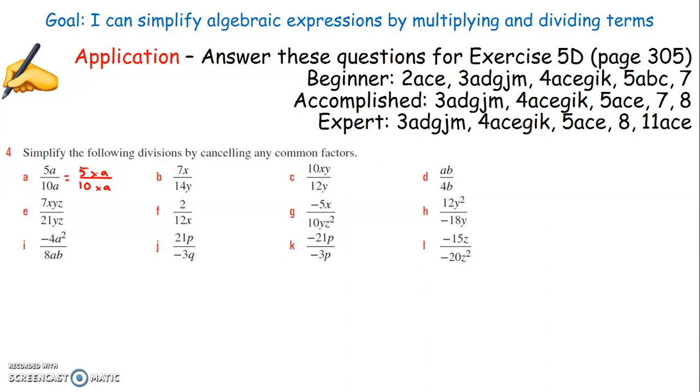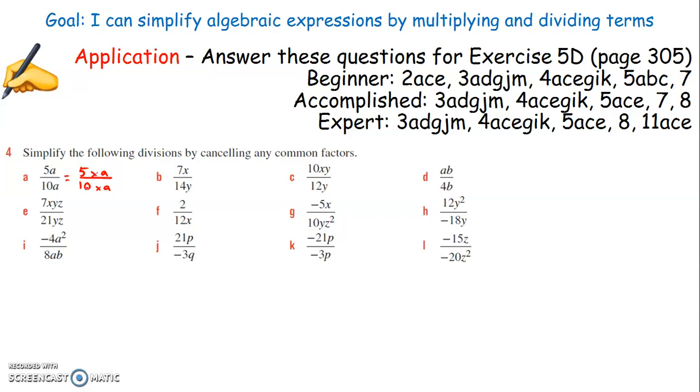Remember that this is step 2 to do algebraic division. Step 1 is that we write it as a fraction, which has already been done for us, and step 2 is to simplify the coefficients. So the coefficients are the numbers.